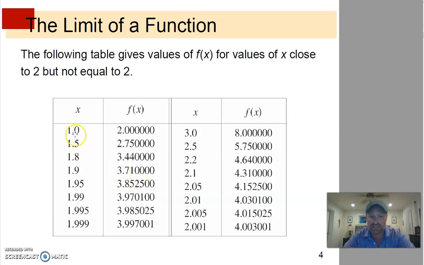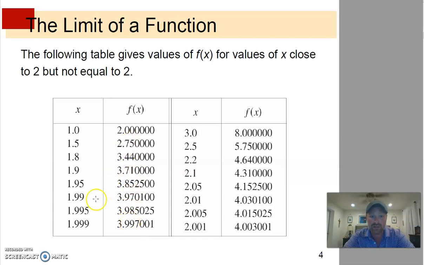As the values of x increase and gradually get closer and closer to 2, 1.99 is just below that value of 2, we notice that our values of f of x, right here, are also approaching another value.